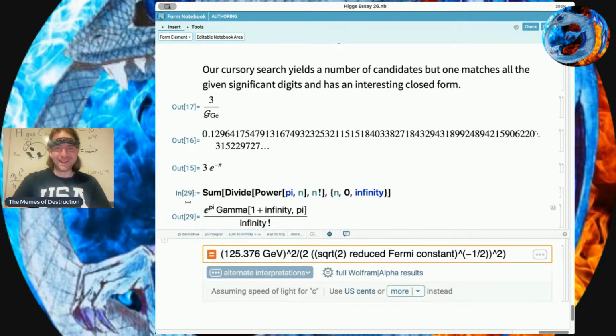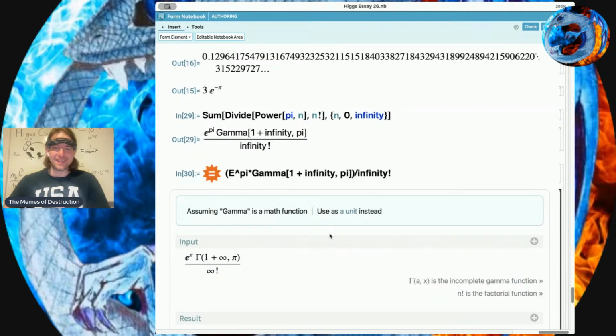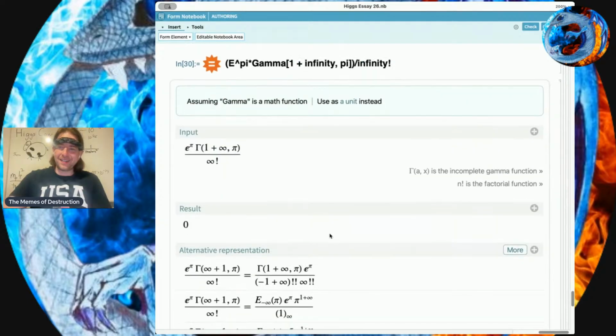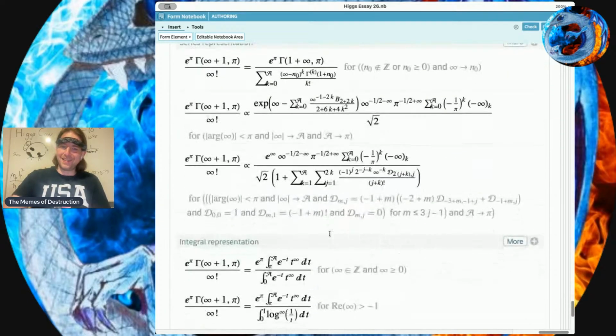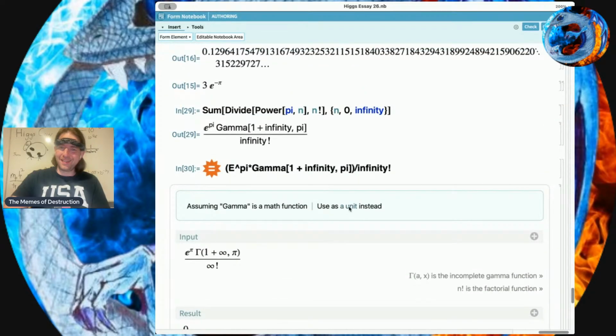Run it. Looks a little better. Okay, that'd be the gamma. Okay, something's wrong. Be the sum of the n.